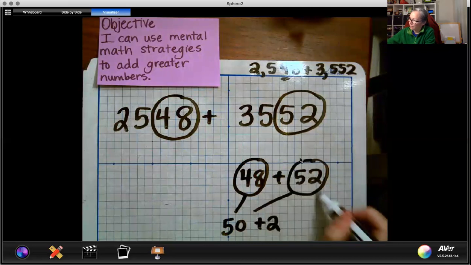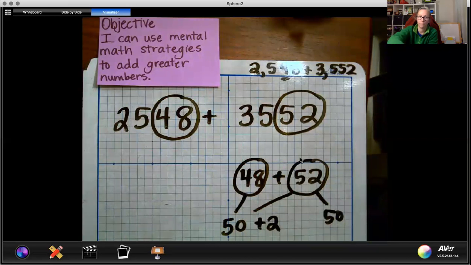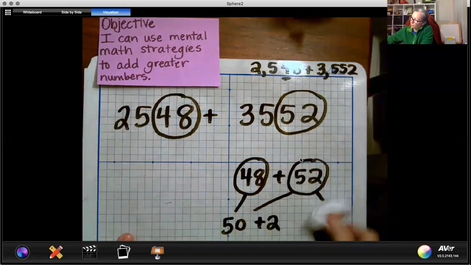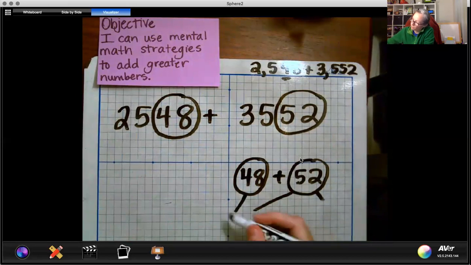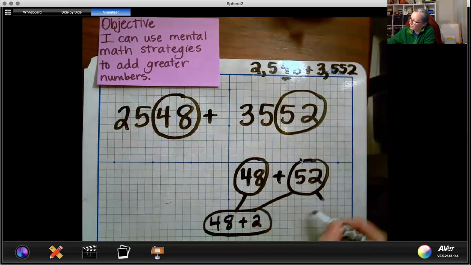And if I did that, then I would only have a 50 left. There's my 50 that is left. And 48 plus 2 plus 50 is 100.